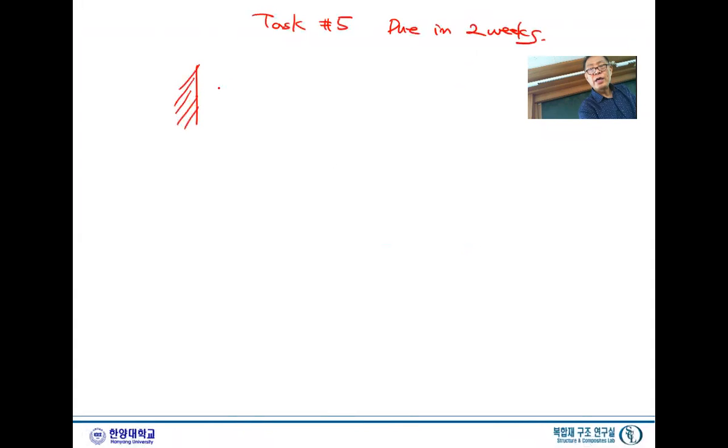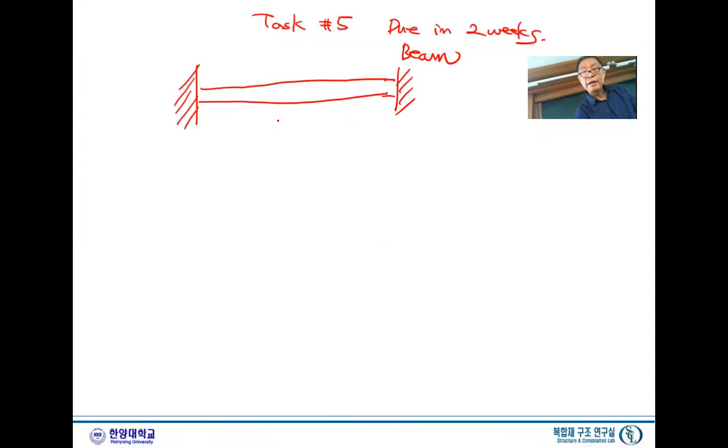Here we have a beam. It's a beam, not a shaft. We apply P1 at a distance x1, and P2 at x2, and we have Pn at position xn.